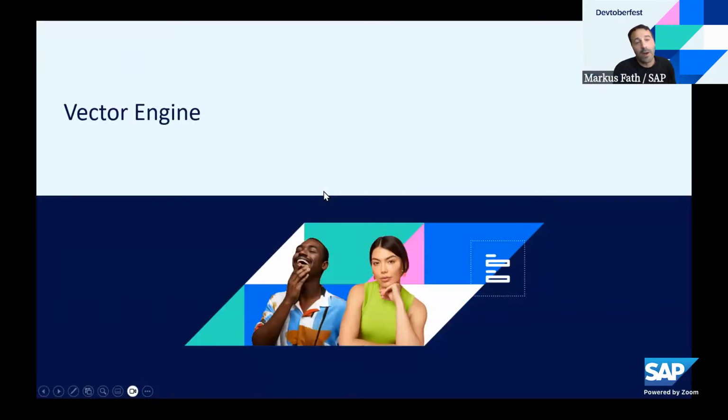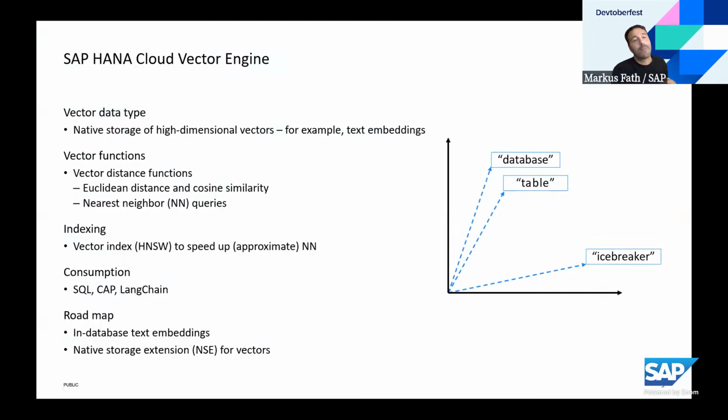So let's start off with the vector engine. It actually sounds a little bit more than it is. It basically is a SQL data type to store high-dimensional vectors. For example, those derived from text embedding functions, which convert natural language text into vectors, which is just a set of numbers.